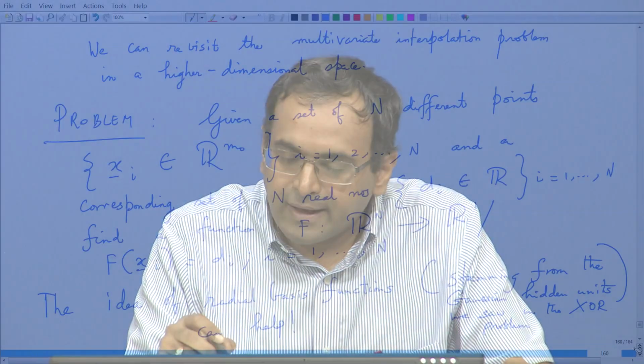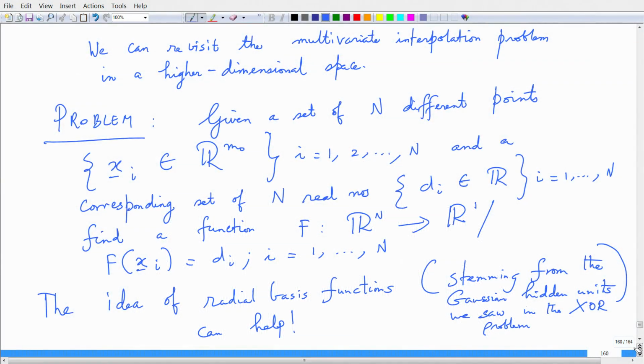So, the problem statement is as follows: given a set of n different points xi belonging to R m naught. You can call whichever dimension you want, here I have used m naught, and we have n such points, i equals 1 till n, and a corresponding set of n real numbers d sub i, they are all scalars.